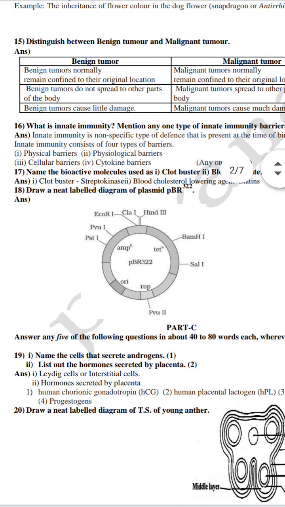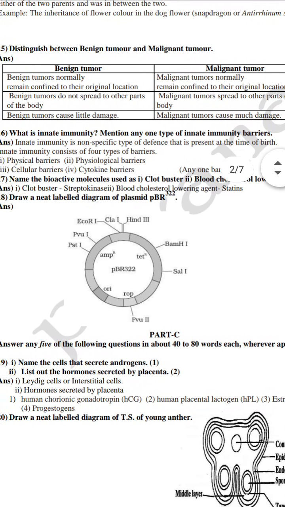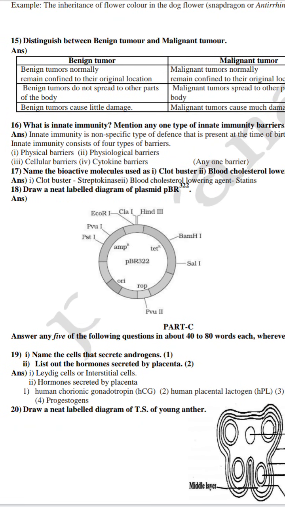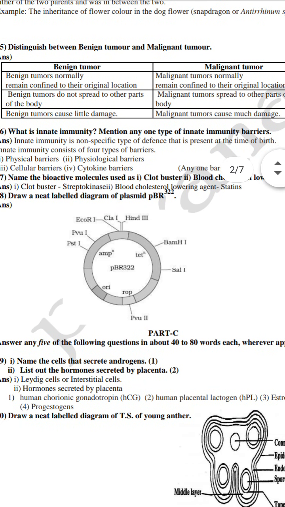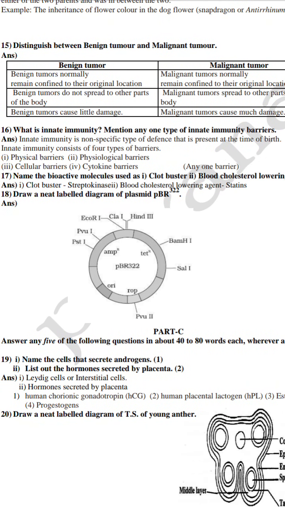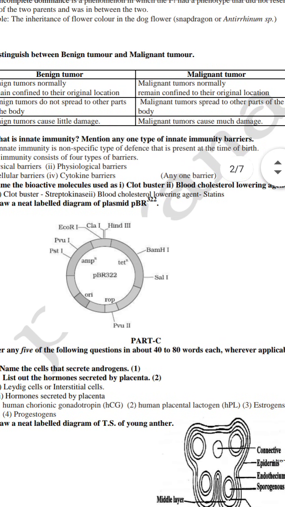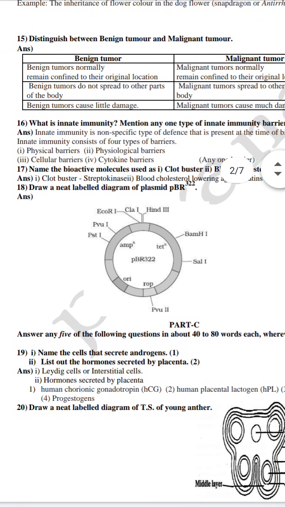Next, 15th question. Distinguish between benign tumor and malignant tumors. Here are 3 points for each mentioned here. Let us discuss. Benign tumors normally remain confined to their original location, but malignant tumors do not remain confined.